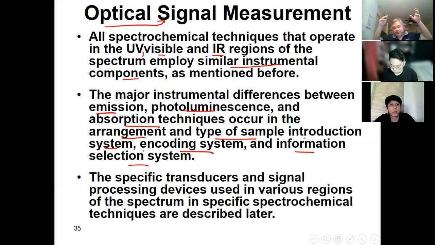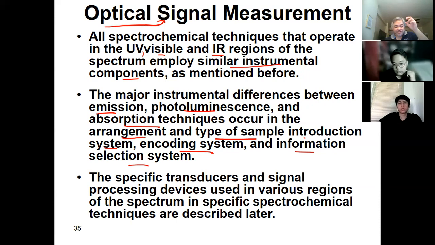So how you introduce the sample into the system, how the transducer or the encoder converts the concentration that you have there into an optical signal, which in turn is converted to an electrical signal, and from the electrical signal, how it can be translated into a readout system that is understandable by the user.